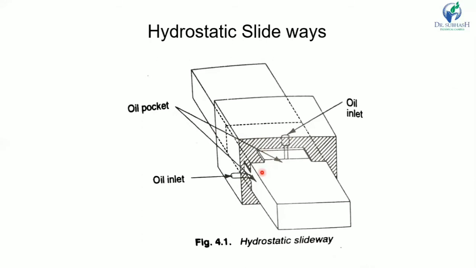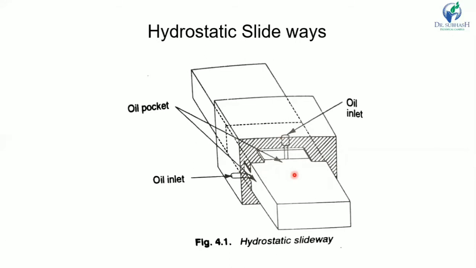In the hydrostatic slideway, air or oil is pumped in through the oil inlet into small pockets or cavities machined into the carriage or slide, which are in contact with the slide base. The pressure of the fluid gradually reduces to atmospheric pressure as it seeps out from the pockets through the gap between slide and slide base.